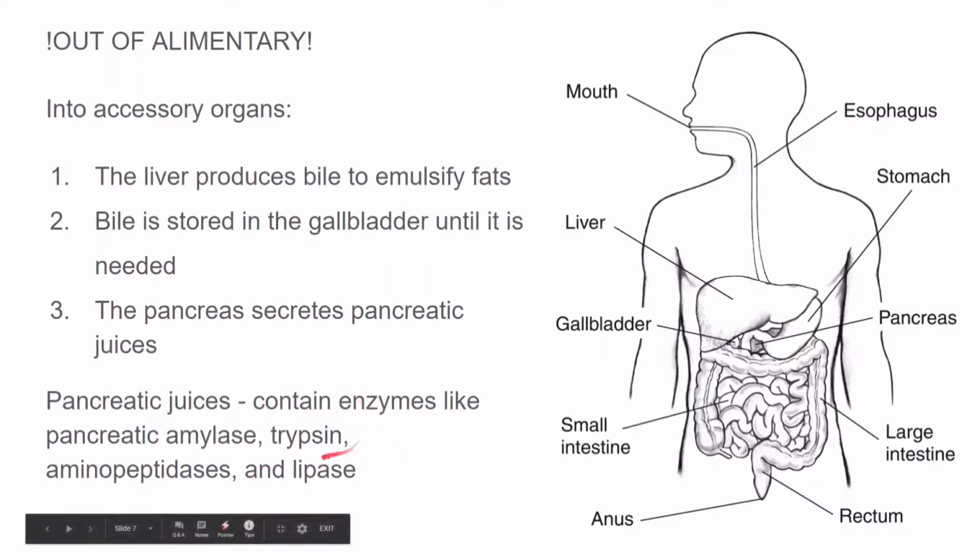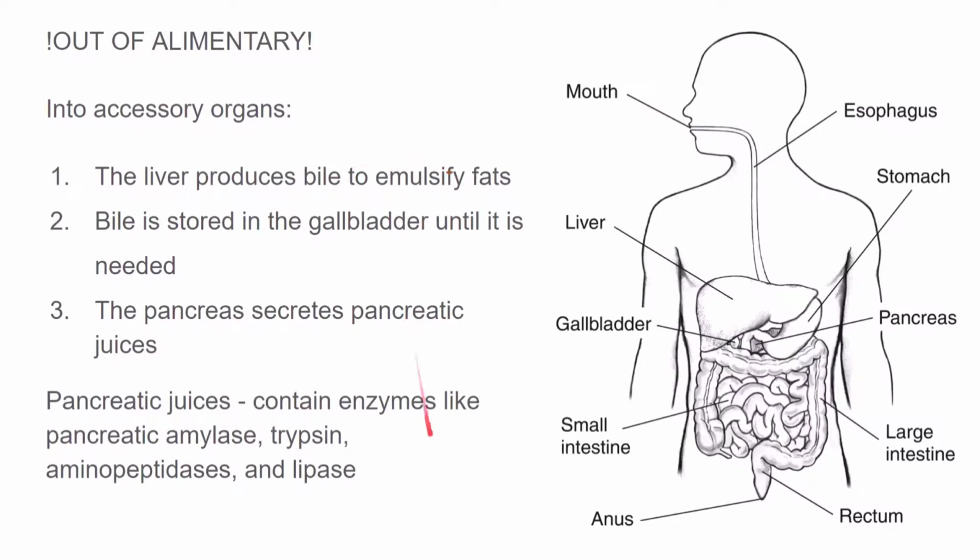It contains trypsin, which continues the digestion of proteins from polypeptides into peptides or dipeptides. Aminopeptidases, which also aid in the digestion of proteins, and lipase, which acts on the fats that we've emulsified with our bile.